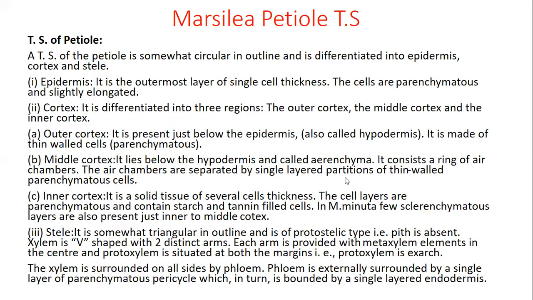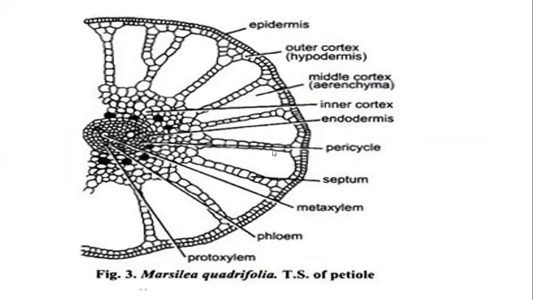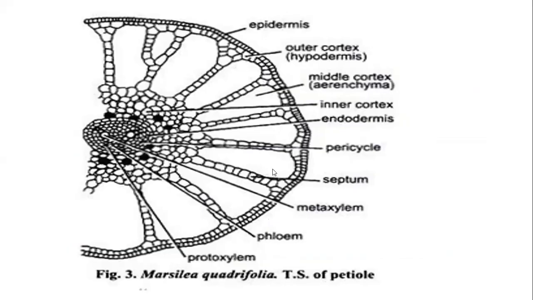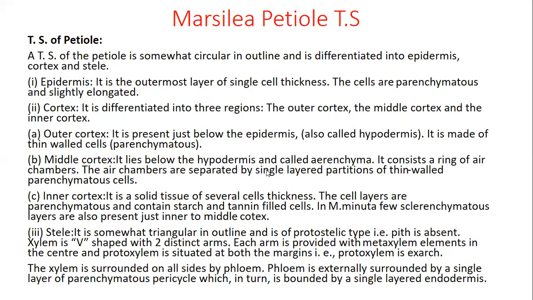Now, the 8 chambers, you can see here, are partitioned by a single layer of parenchymatous cells, which are thin-walled, resulting in the 8 chambers. Now, below this middle cortex, the inner cortex is a very solid tissue, several layers in thickness, which contain starch and tannin inside them.